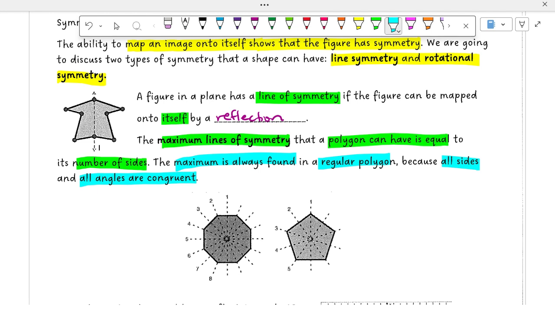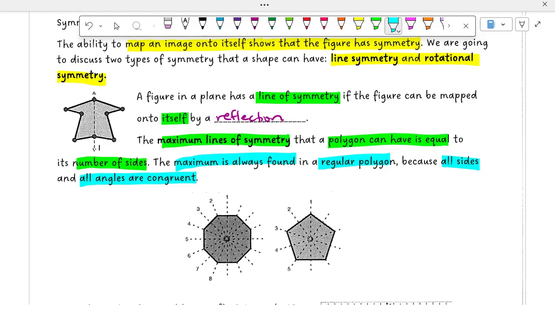So when I say regular polygon, the best way I can say it is think about a square. What's true about a square? It has 4 sides. Four sides, all sides are equal. What else? It's a quadrilateral, it's 4 sides. What else? It has lines that are parallel.